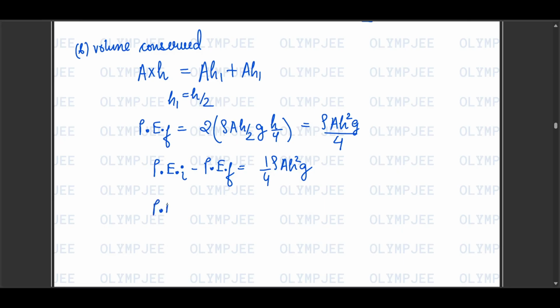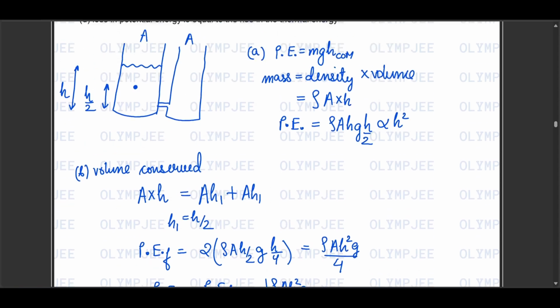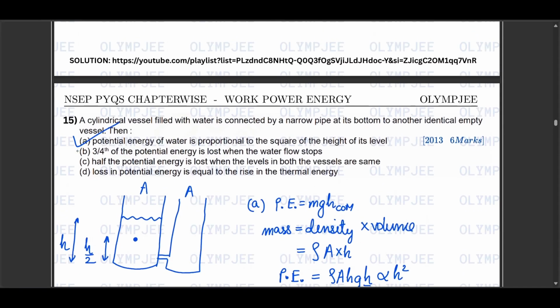So P initial minus P final by P initial. This comes out as 1 by 4 rho A h square g by half rho A h square g, which gives us half. So option B is wrong because it is saying 3 by 4, and option C is correct because half the potential energy is lost when the levels in both the vessels are the same.